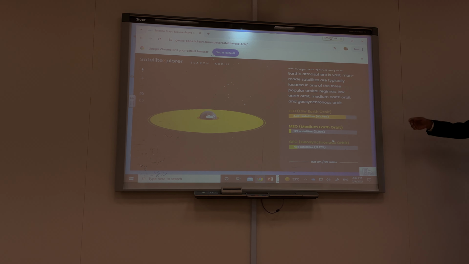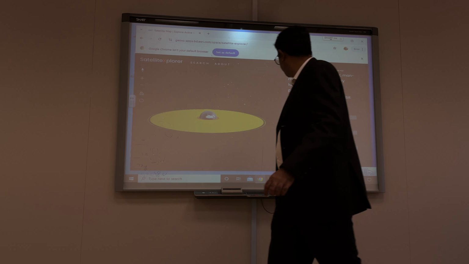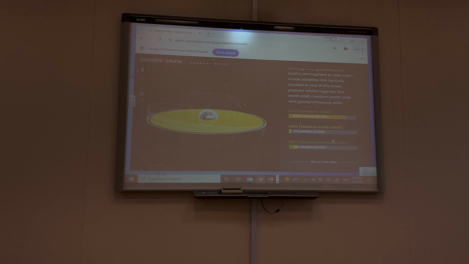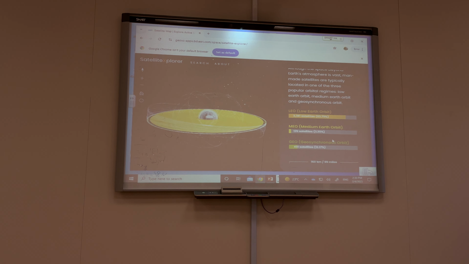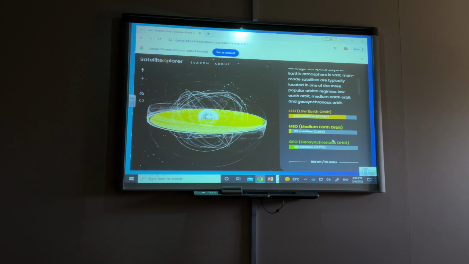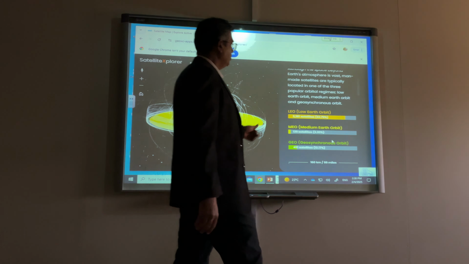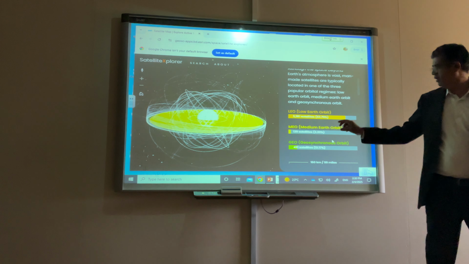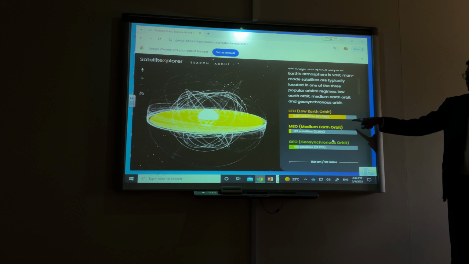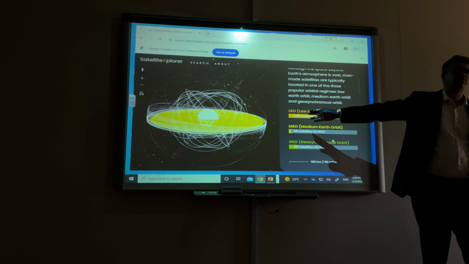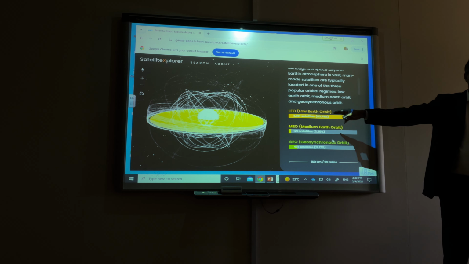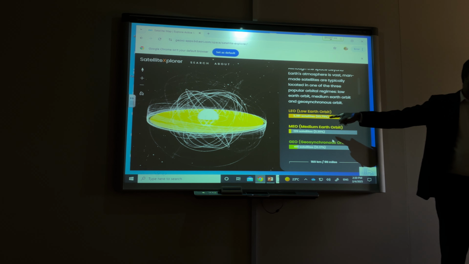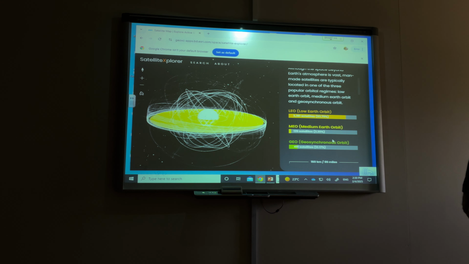So it gives you the current information, the latest information. You can see you have the three types of orbits which are mentioned there: LEO, MEO, and GEO. You see the numbers: maximum, around 3,300 satellites in the low Earth orbit, which constitutes around 84% of the total satellites present in space.